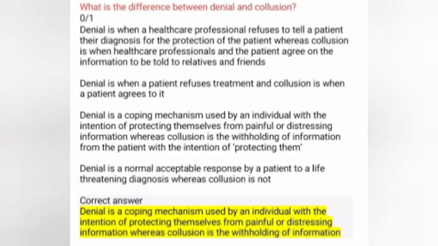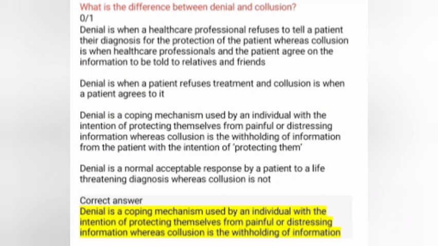The last question, what is the difference between denial and collusion? Option A, denial is when a healthcare professional refuses to tell a patient their diagnosis for the protection of the patient, whereas collusion is when healthcare professionals and the patient agree on the information to be told to the relatives and friends. Option B, denial is when a patient refuses treatment and collusion is when a patient agrees to it.